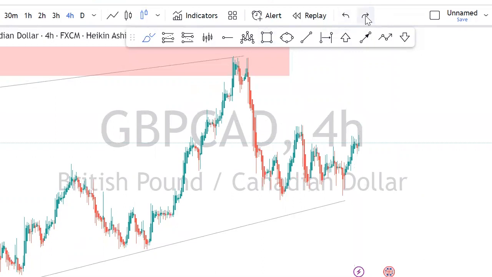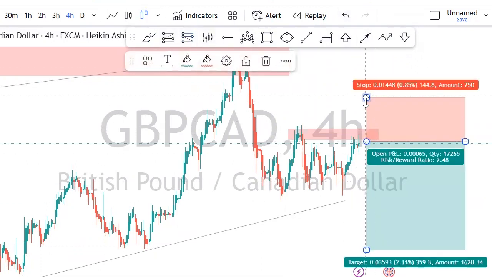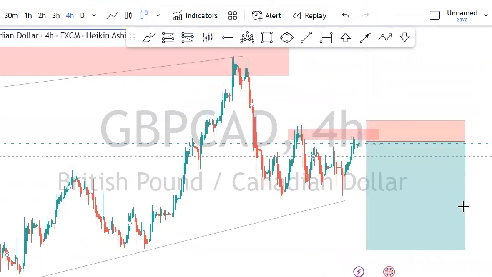So our job is to actually wait and see how the price behaves at this point, whether it's gonna reject, and then we're gonna be given the opportunity to sell off just like that, right?